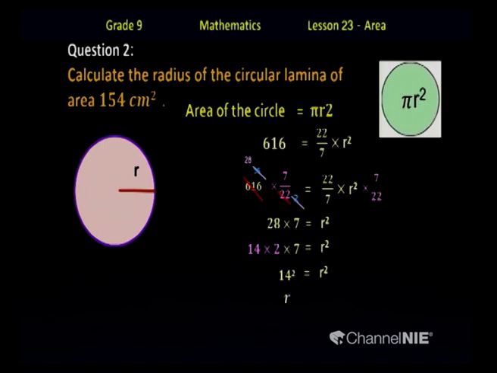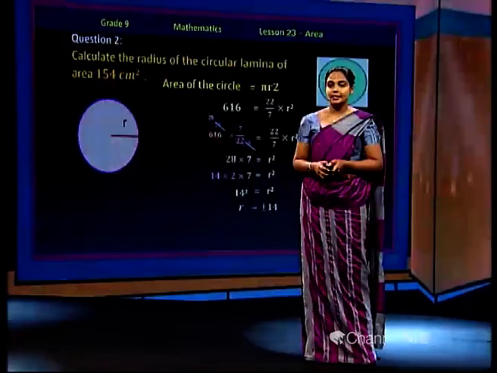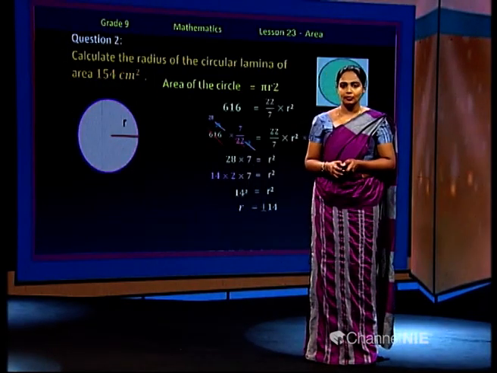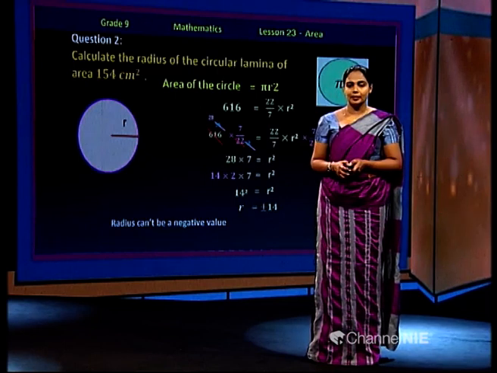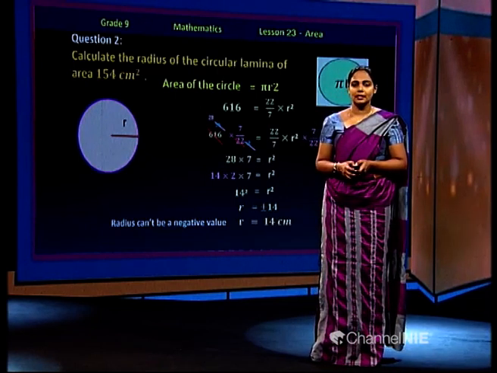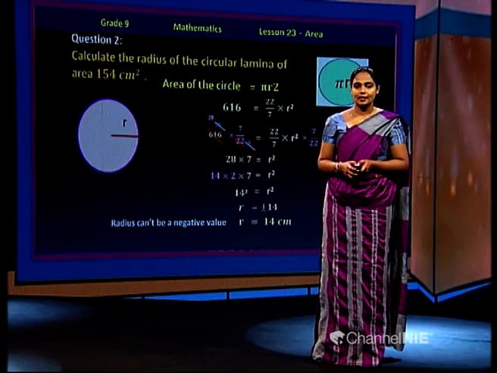Now the radius is positive 14 or negative 14. Then select the correct one, not the negative one. So the answer should be positive 14 centimeters. Then we found the answer. Dear students, we found the area of the parallelogram, area of the trapezium, and area of the circle. It was a very nice lesson.